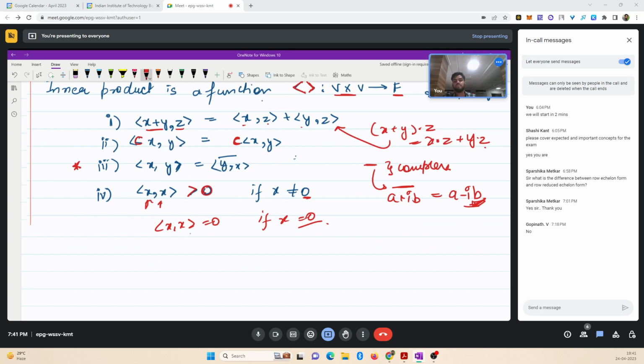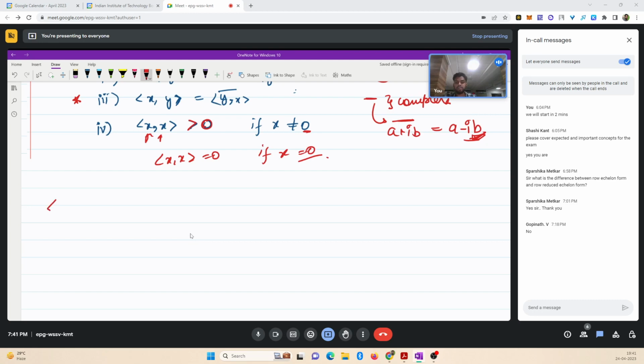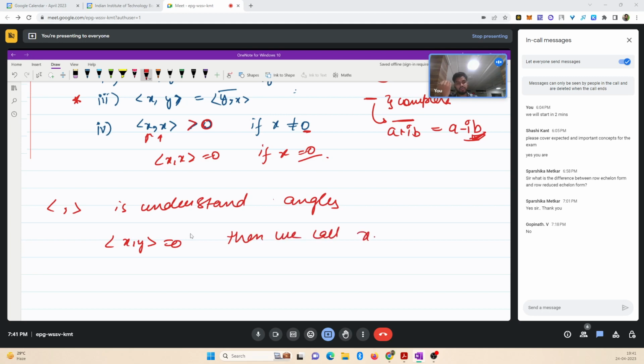Now, the main reason we defined this inner product is to understand these vectors from the perspective of angles. If the inner product of x and y is 0, then we call x and y orthogonal.